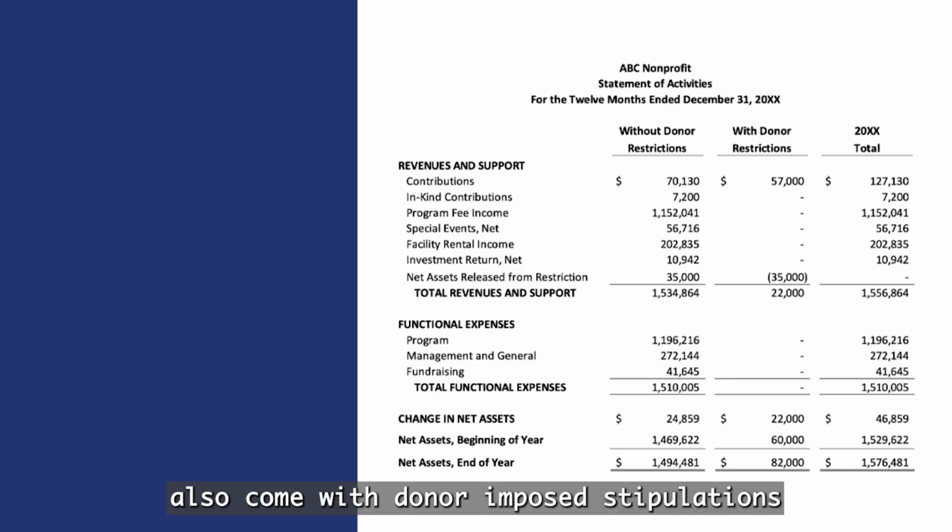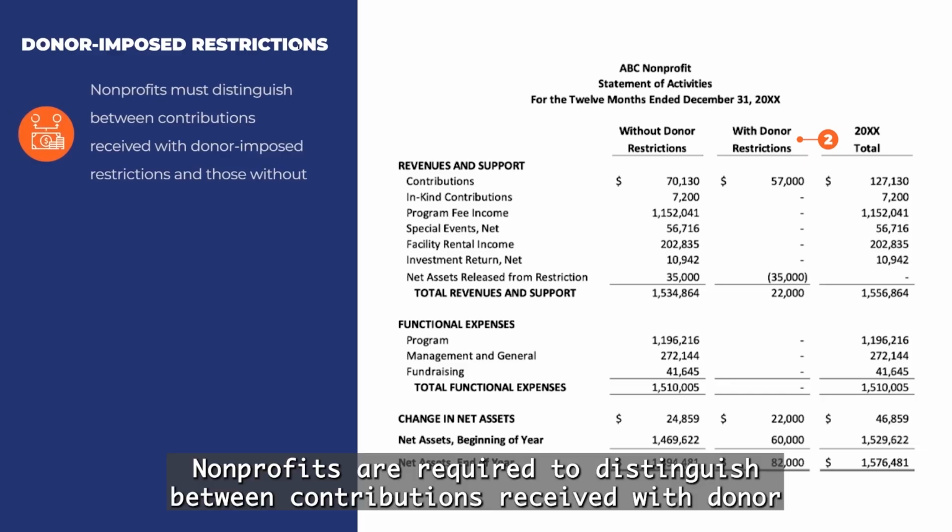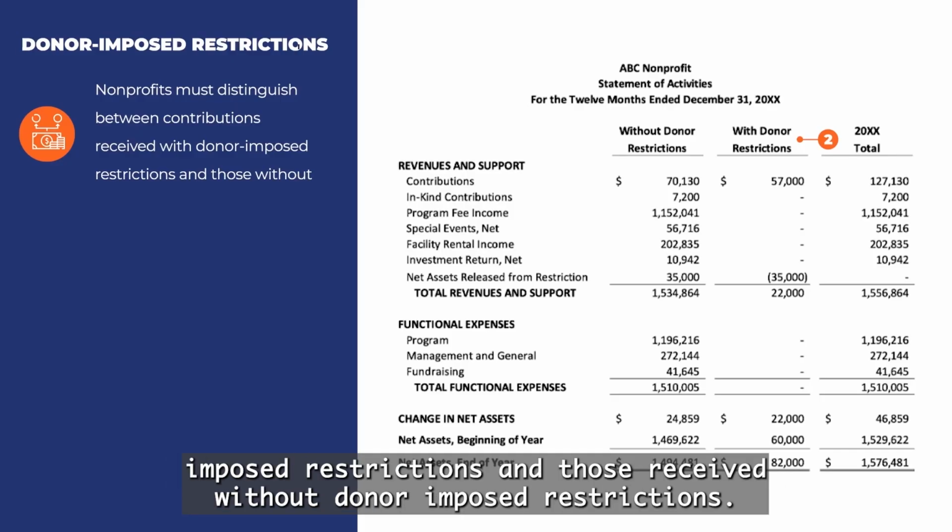Contributions can also come with donor-imposed stipulations that restrict the purpose or time under which a contribution can be used. Nonprofits are required to distinguish between contributions received with donor-imposed restrictions and those received without donor-imposed restrictions.